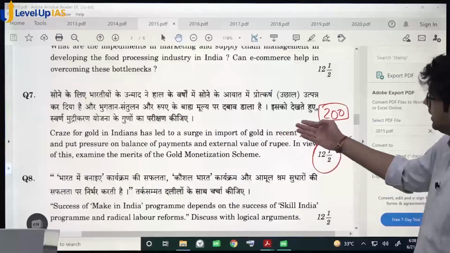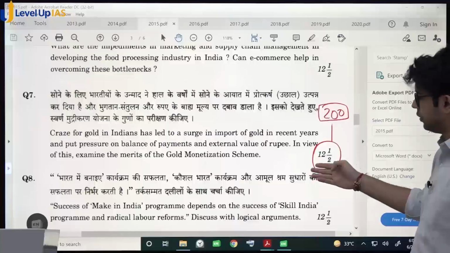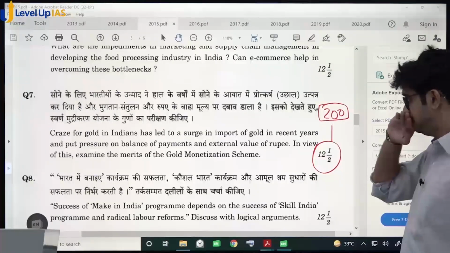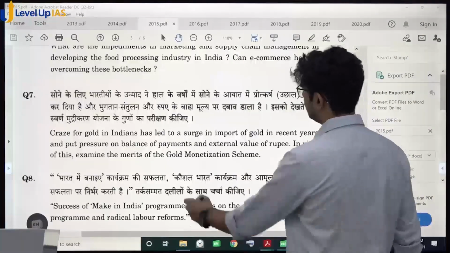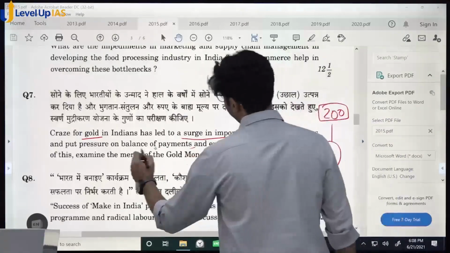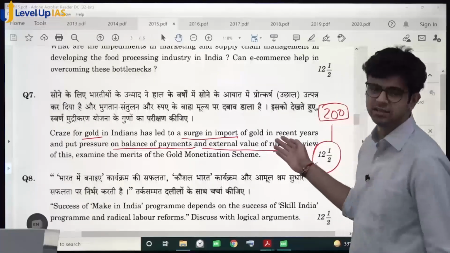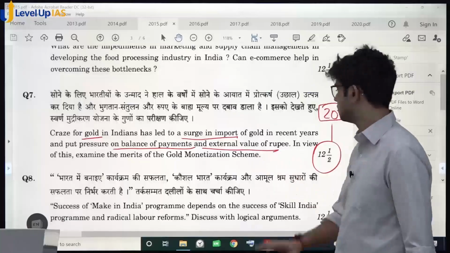Craze for gold in Indians has led to a surge in import of gold in recent years and put pressure on the balance of payments and external value of rupee. Balance of payments. Gold, import, balance of payments, external value, which is the exchange rate. External value is the exchange rate. $1 is 75 rupees and so on.